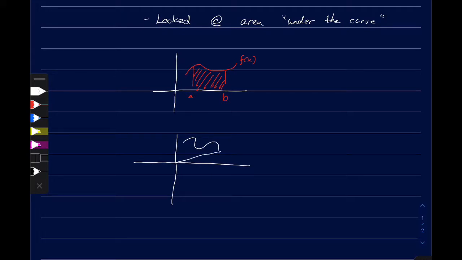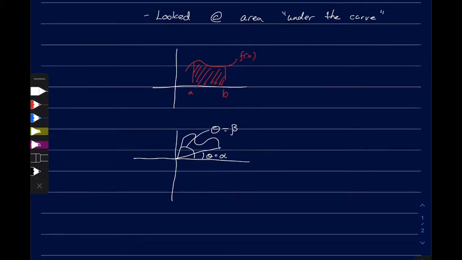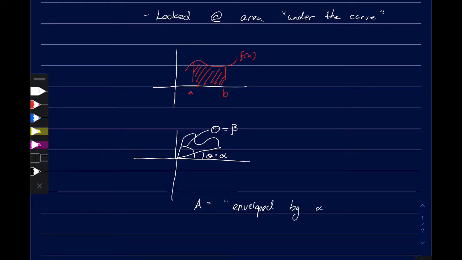So we'll have some function that's mapped from theta equals alpha all the way to theta equals beta. And to find the area here, the area is enveloped by alpha and beta instead of under the curve from a to b.